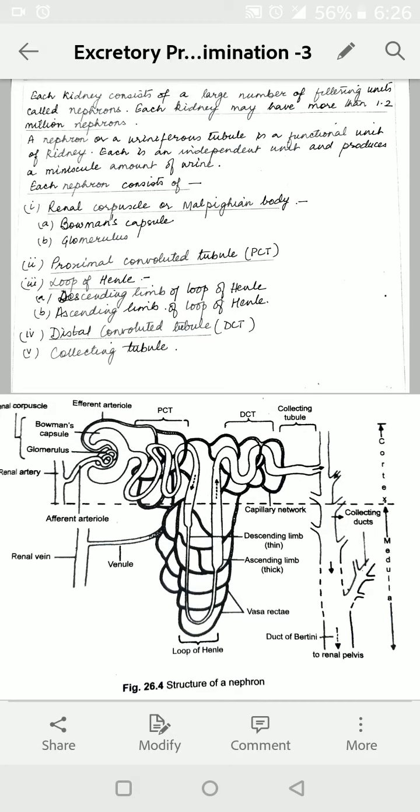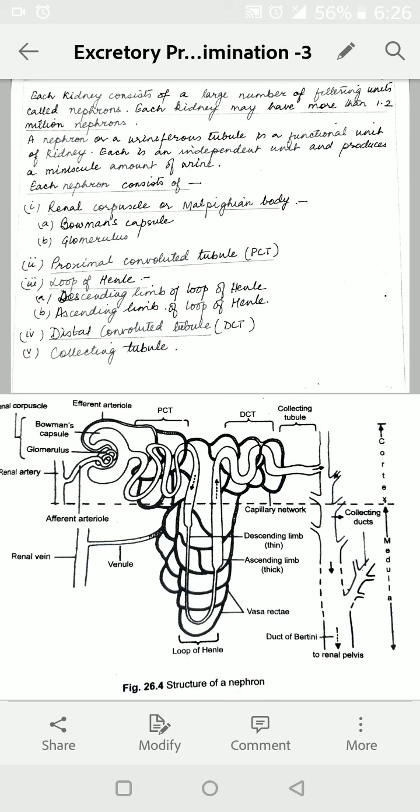Then it leads into a convoluted part of the tubule called the proximal convoluted tubule, which then leads into the loop of Henle, which has the descending limb and the ascending limb, and then the distal convoluted tubule opens into the collecting tubule. These 5 regions are clearly marked in the diagram. Now we will be discussing each of these regions one by one.